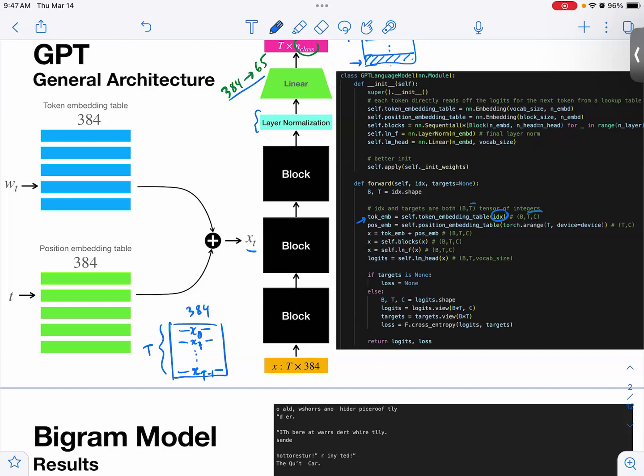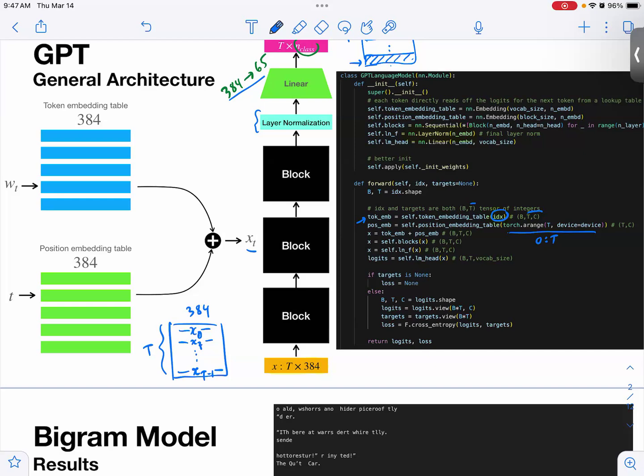Then you get the output of this, and you also have the position embedding table, which you apply to 0 through T. For each of these words, there's a bit of broadcasting going on here.